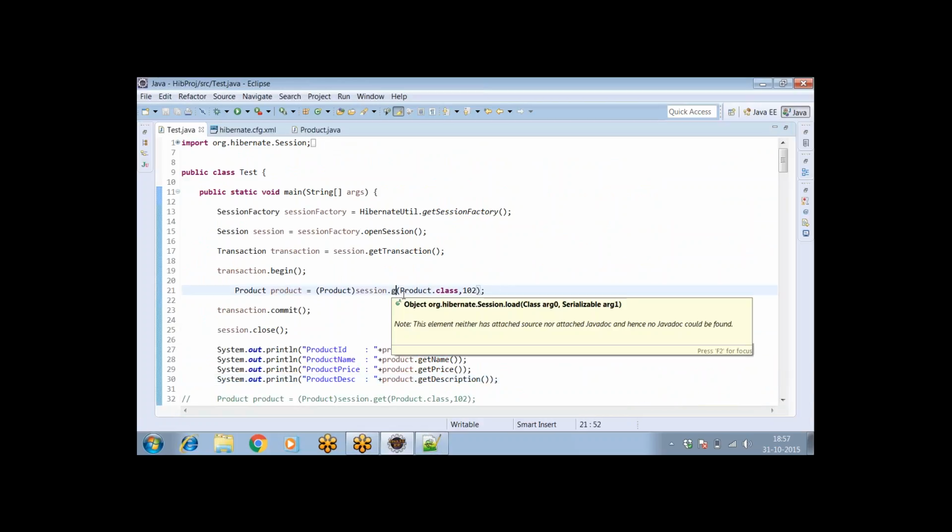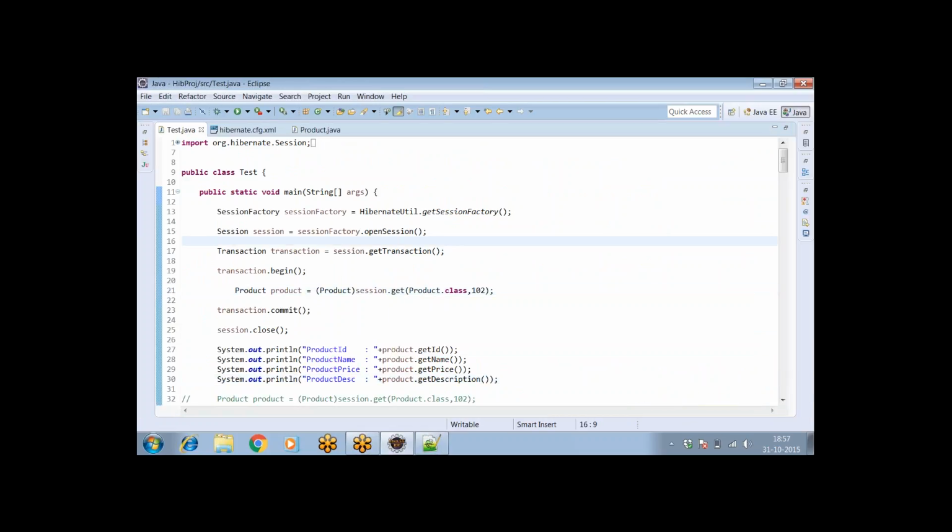So let's do one thing. In place of the load method, let's use the get method here. So what happens in this case?